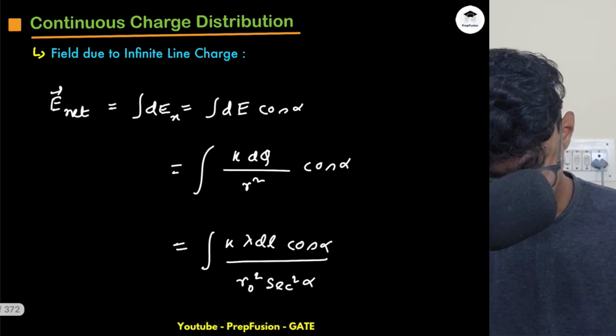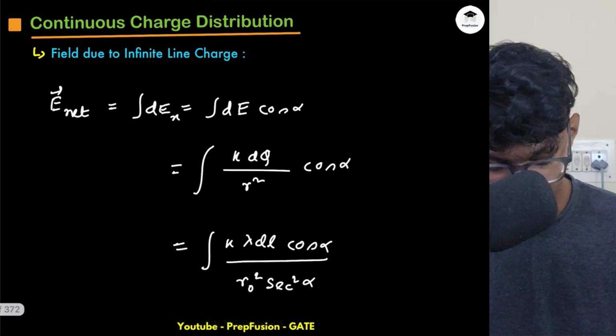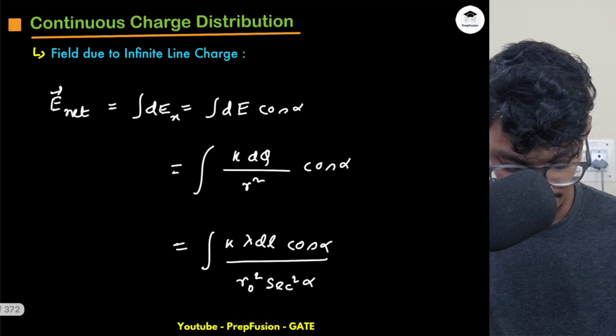Now what I can write is E net, right? E net will be the integration. dL is R naught sec square alpha d alpha, so sec square alpha will get cancelled.